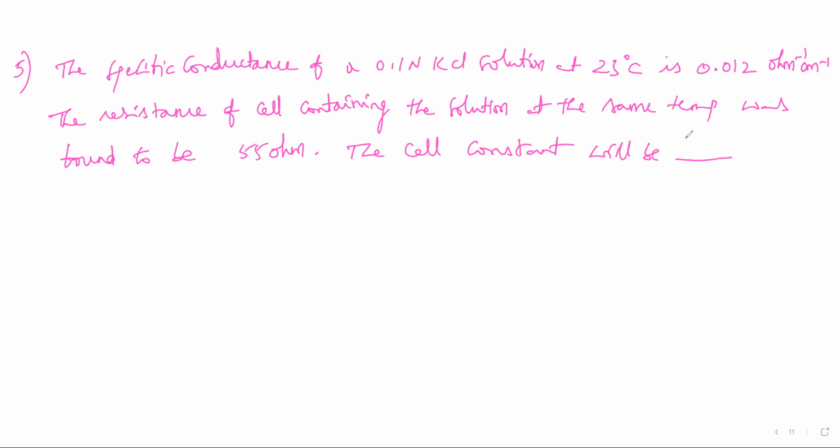so already we have seen what cell constant is. What is the formula? L by A, isn't it? So what is given there? The specific conductance, that means kappa, is given, that is 0.012. Okay, that is one point. Next, what else is given? Resistance is given, 55 ohm.